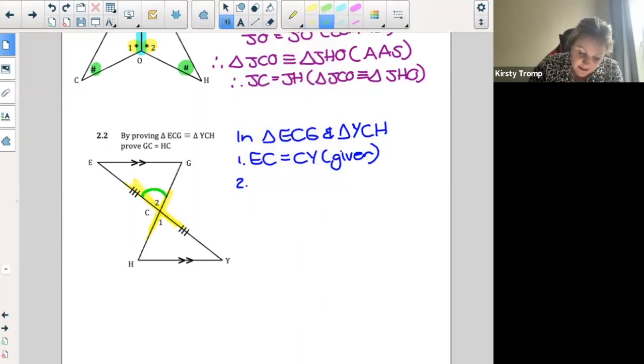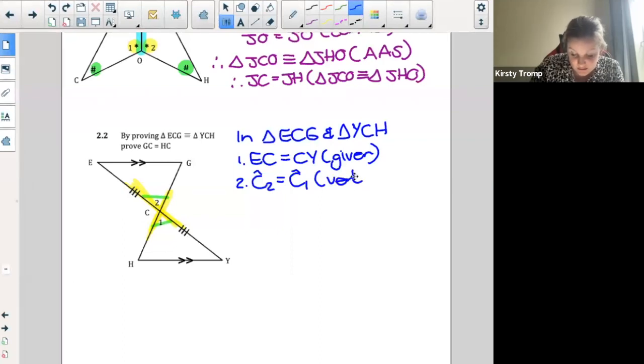And so this angle and this angle are going to be equal to each other. So we're going to say here that angle C2 is going to be equal to angle C1, reason, vert-op angles. Okay, vert-op angles. All right.